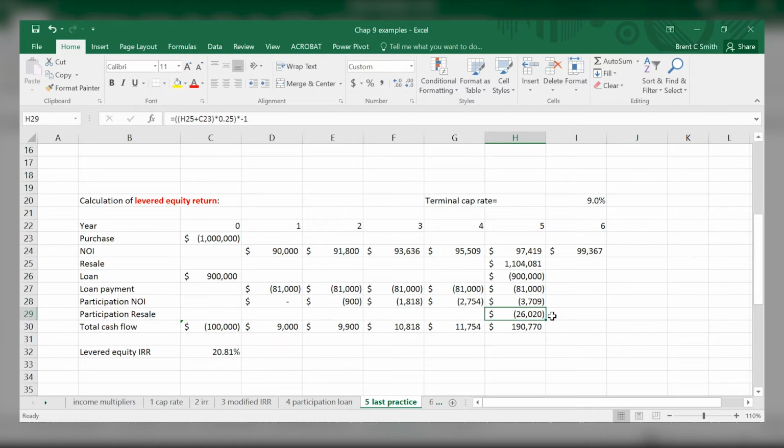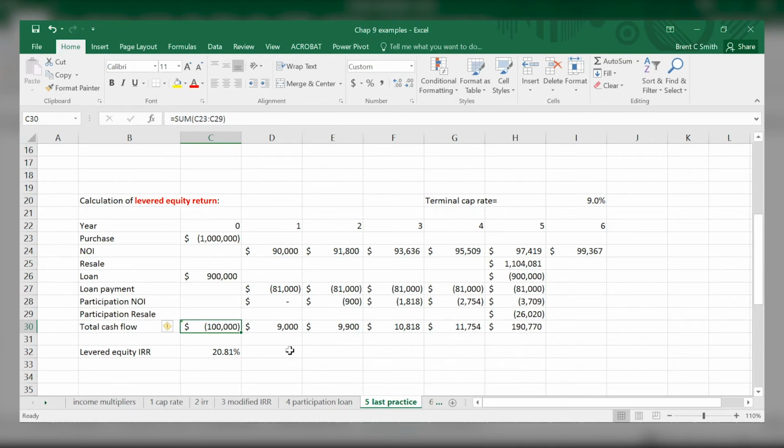So each year, the financial institution receives $81,000 from us in interest fees. They receive 50% of every dollar in excess of 90,000 that we generate in operations, and they receive 25% of every dollar increase in resale value from the original construction cost. And for that privilege, they're giving us a 90% LTV loan. I extract all of this out of the deal, and our total cash flow then looks like this.